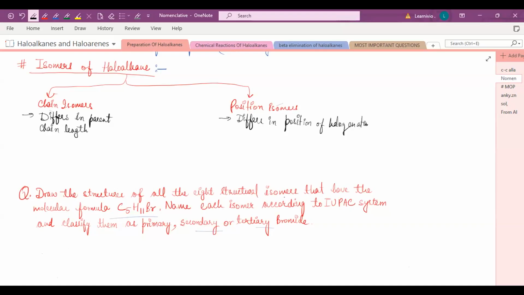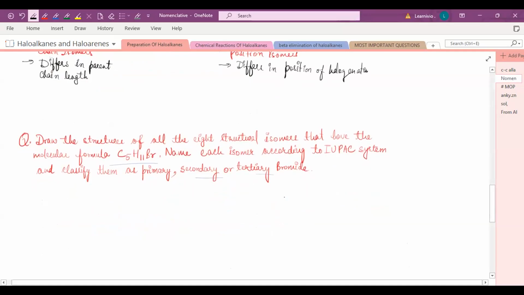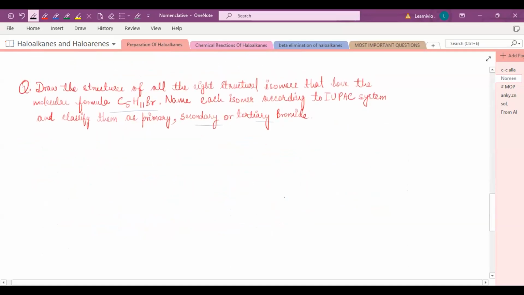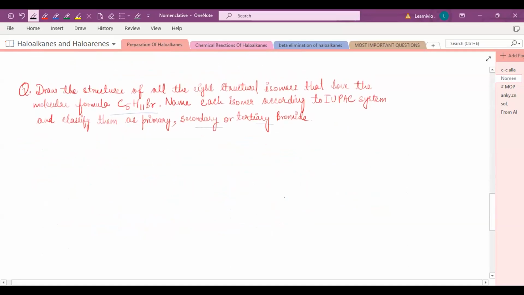Clear, Aneesha? Yes. Okay, let's understand this by this question. This is your NCERT question. It is given in the NCERT. So the question is: draw the structures of all the 8 structural isomers that have the molecular formula C5H11Br.